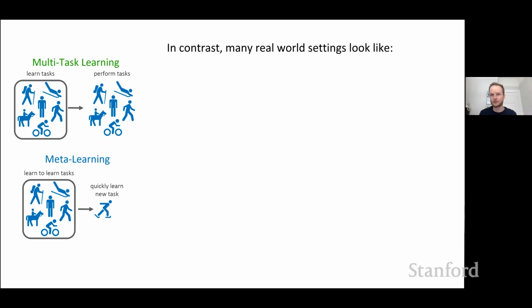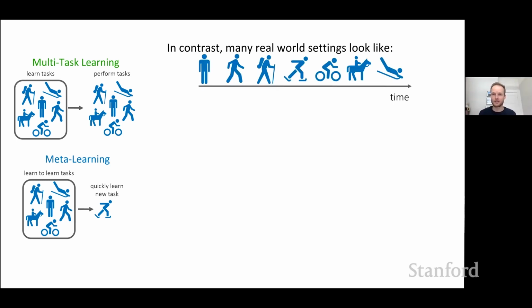But in contrast, many real-world settings look a little bit different. The way it looks is usually that you're given a task that you have to perform, and then after you perform that task for a little bit, you're given a new task, right? And you don't really have access to the old task. Now you have to focus on the new task that you just got.